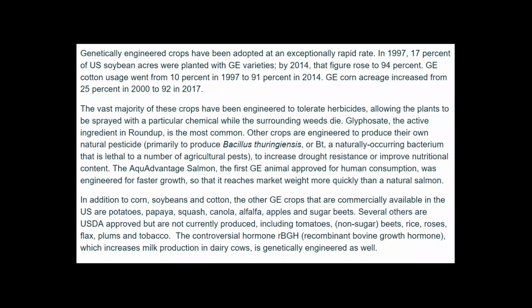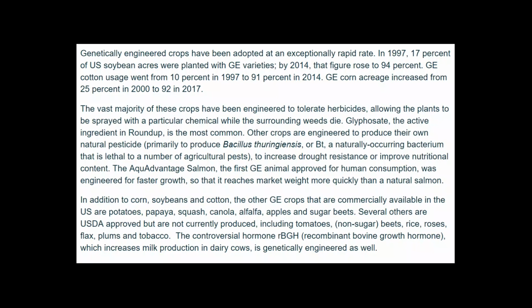In addition to corn, soybeans and cotton, other GE crops are commercially available in the US: potatoes, papaya, squash, canola, alfalfa, apples, and sugar beets. Several others are USDA approved but not currently produced, including tomatoes, beets, rice, roses, flax, plums, tobacco.